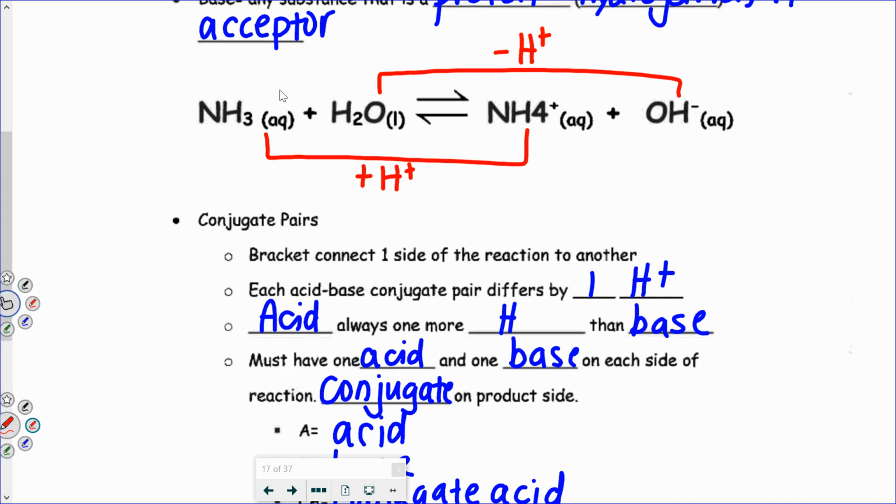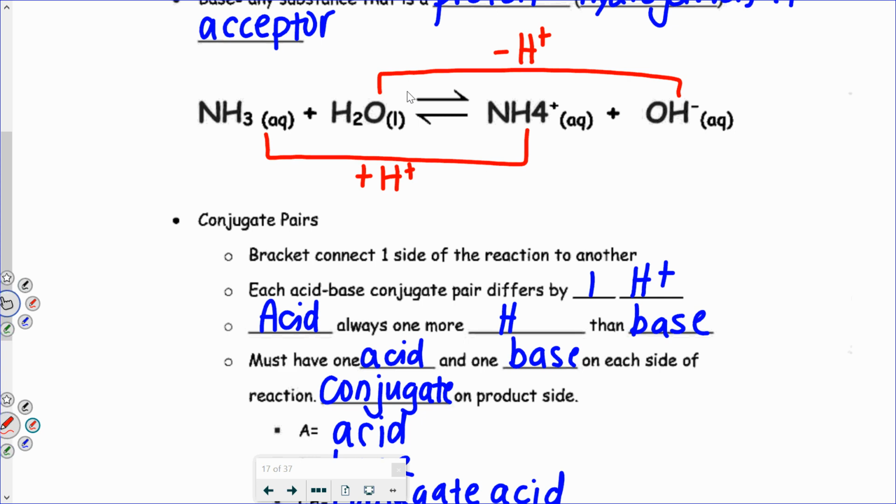So you bracket, then you figure out, did I gain a hydrogen or lose a hydrogen as I went from reactants to products? Okay. So since I increased in my number of hydrogens going from here over to here, that means that this must have accepted a hydrogen. Now, where did that hydrogen come from? It came from here.